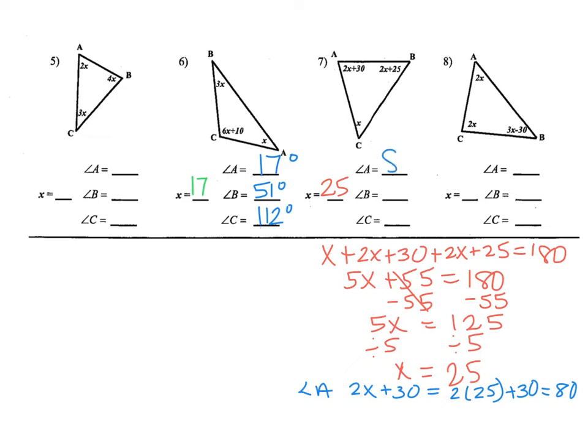So angle A is 80. Angle B has a measurement of 2x plus 25. So I'm going to write that as 2 times 25 plus 25. So 2 times 25 is 50 plus 25 is 75. So angle B is 75. And angle C just says x, and we know that x is equal to 25.